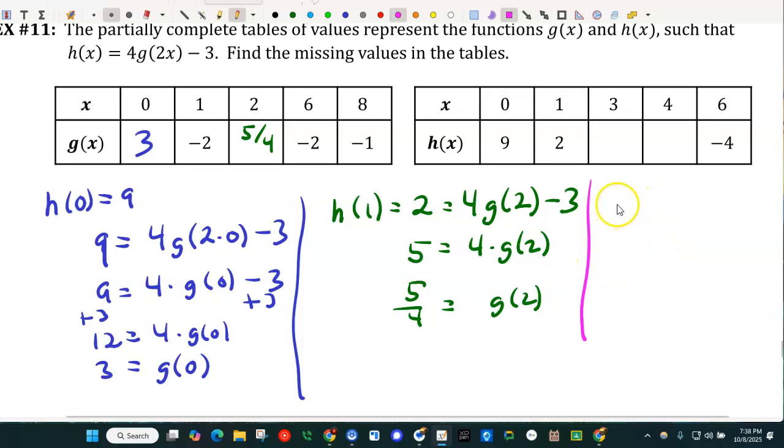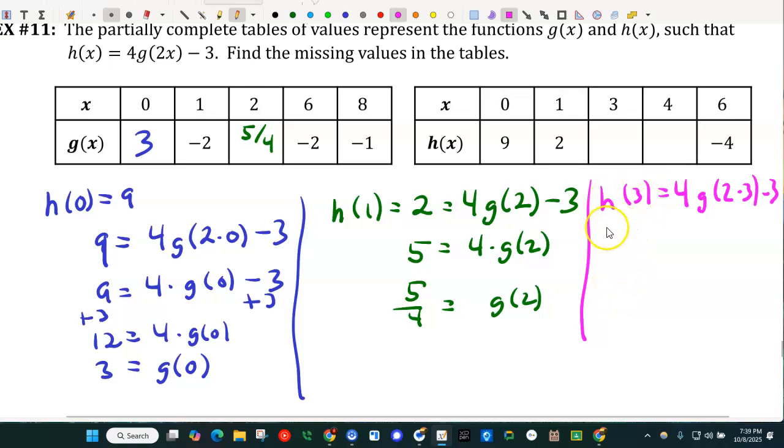So let's do h of 3. I don't know that; I'm solving for it this time. I'm going to plug 3 into here and 3 into here. So that's going to equal 4 times g of 2 times 3 minus 3.